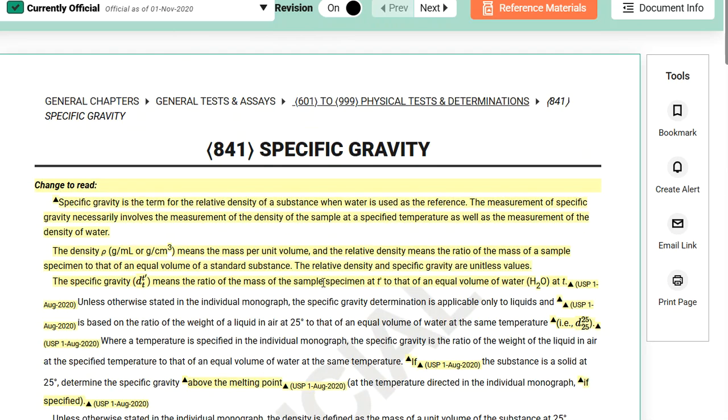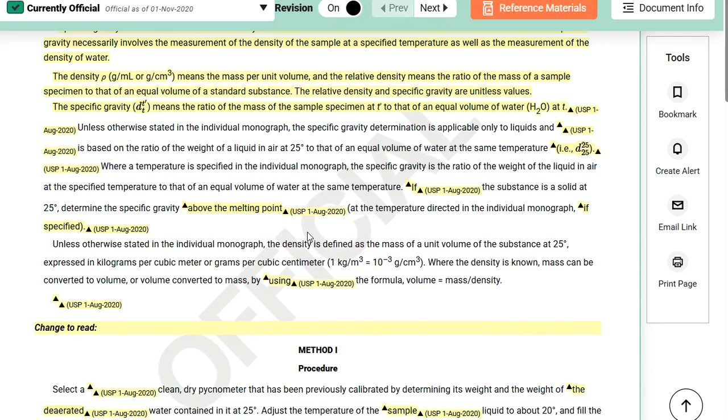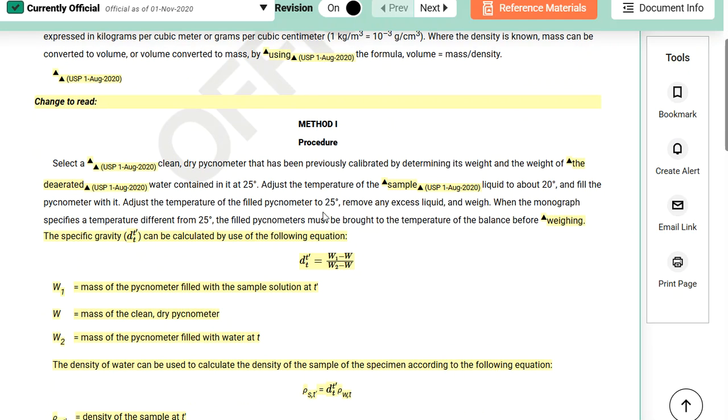So here's the general chapter 841 for specific gravity in the USP. You've seen this before. I've showed it to you already. You probably even have a photocopy of it by now. If you scroll down and take a look in the middle of the first page, under method 1, when it talks about the pycnometer, it gives you this nice little equation right here in the middle.